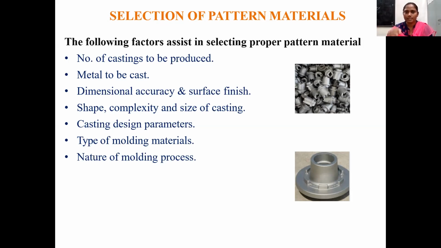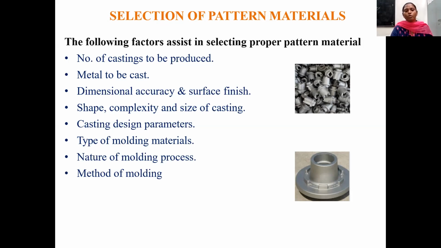So depending upon all these molding processes, like sand castings, investment castings, plaster mold castings, sodium silicate mold castings, the pattern material is selected. What type of molding process the foundry man is performing, depending upon that criteria, the proper pattern material should be selected.